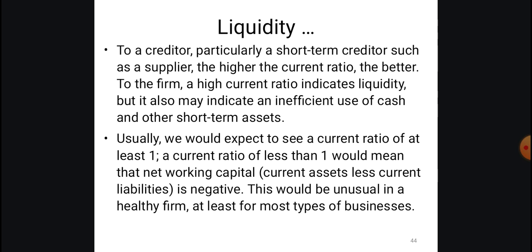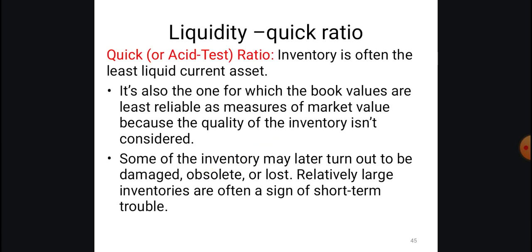This would be unusual in healthy firms, at least for most types of businesses. So what we can say from this is a given firm should be able to cover its current liabilities using current assets. This means at least the current ratio should be equal to 1.